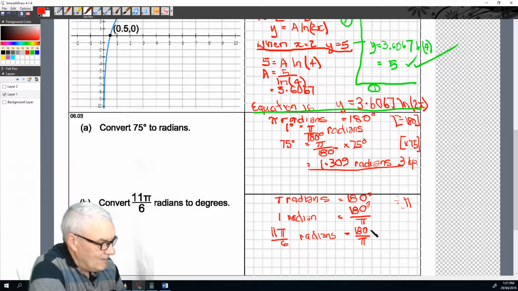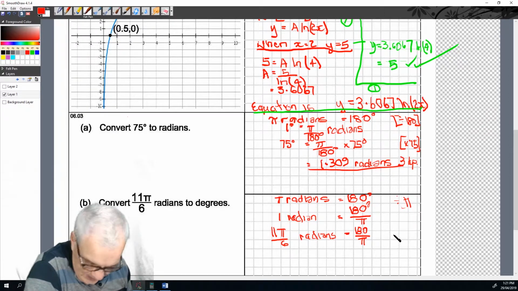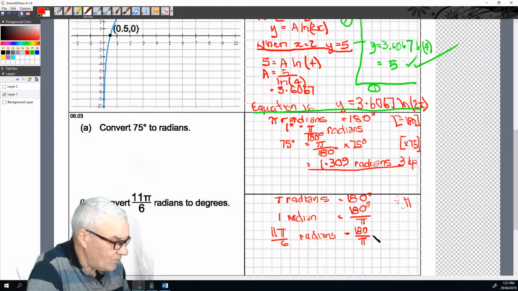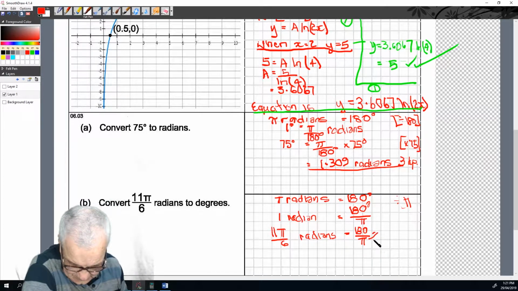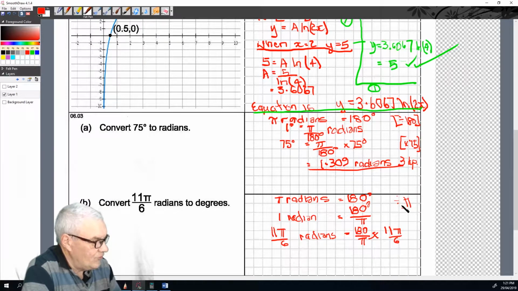And now what I'm going to do here is multiply by 11 pi by 6 both sides.